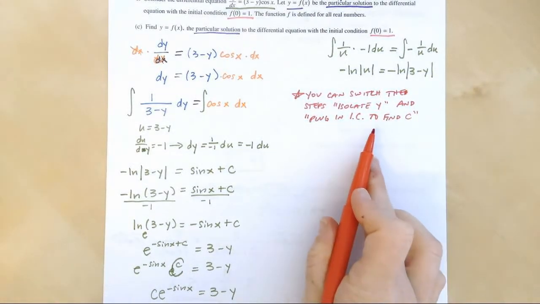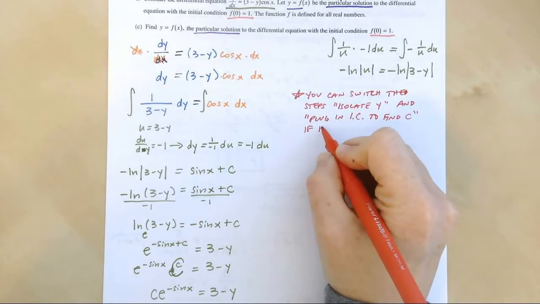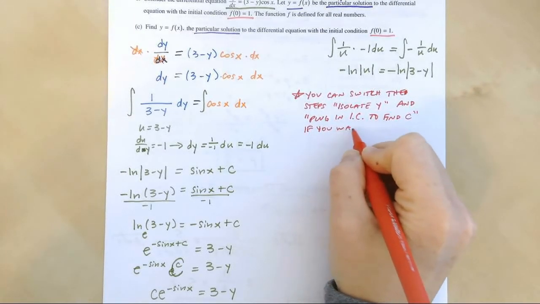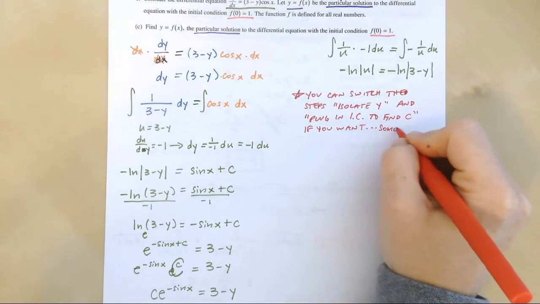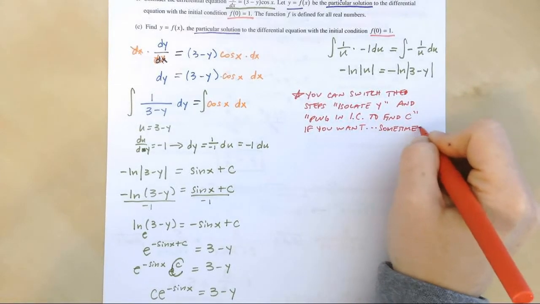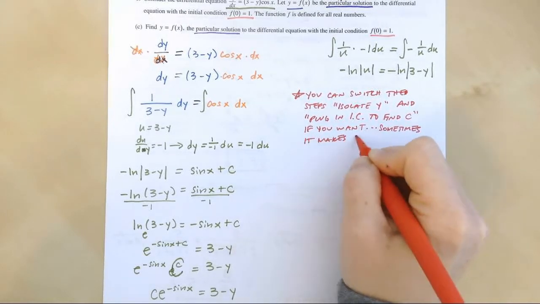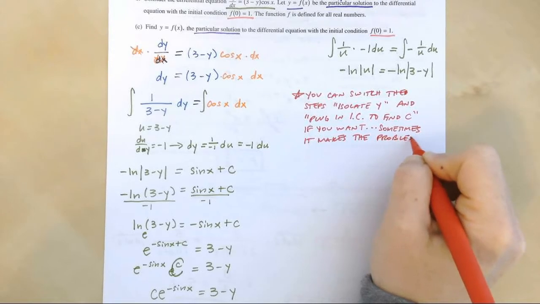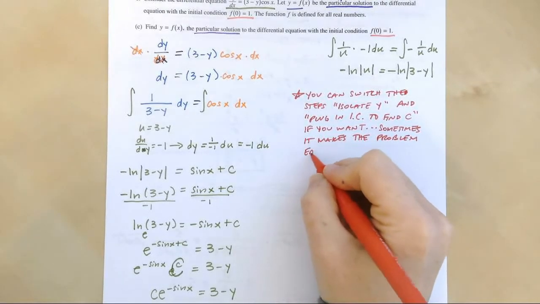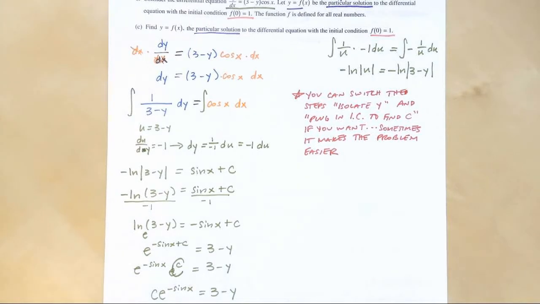You can switch those steps if you want, dot dot dot. Sometimes it makes the problem easier. And we'll actually see that in a second. So we'll see that on our next example. For this one, we didn't need to switch them to make it easier. So let's keep going. I just wanted y'all to be aware of that and put that into your notes.